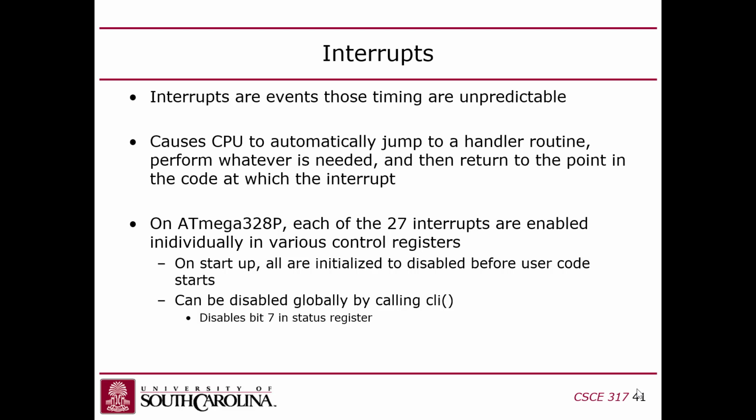And then the hardware UART is connected on the board between port D, 0 and 1. They go through a chip on the board that converts that UART and drives it over USB.